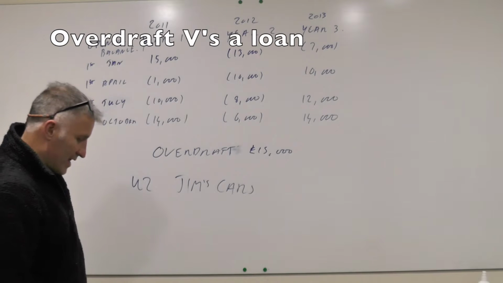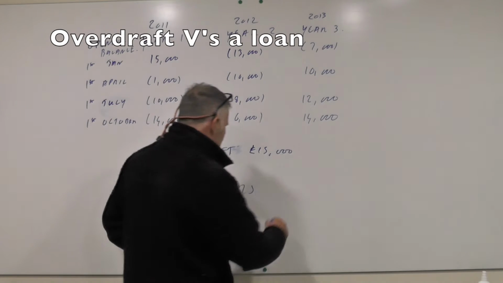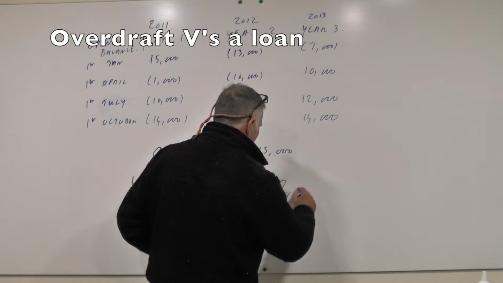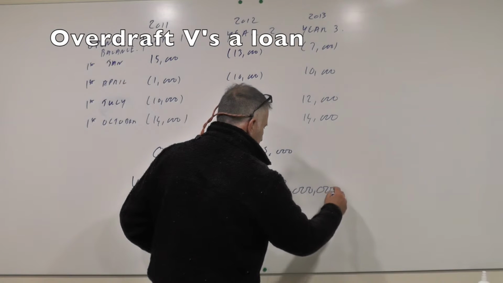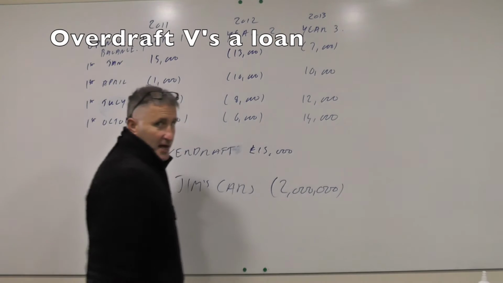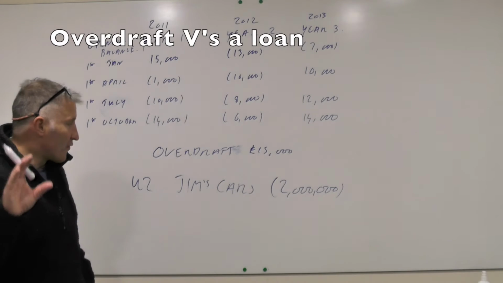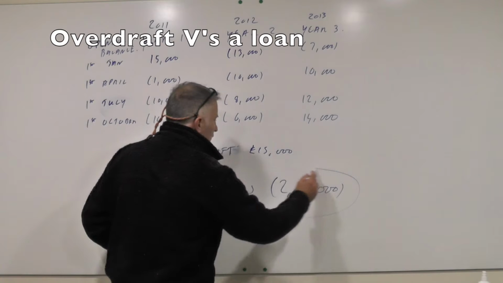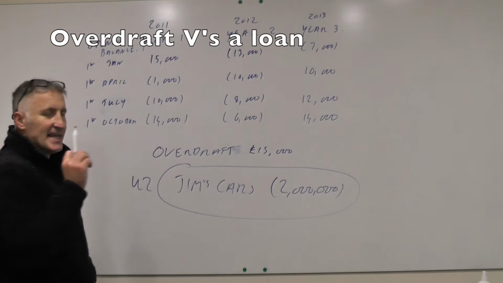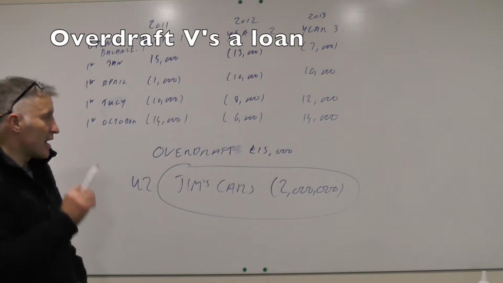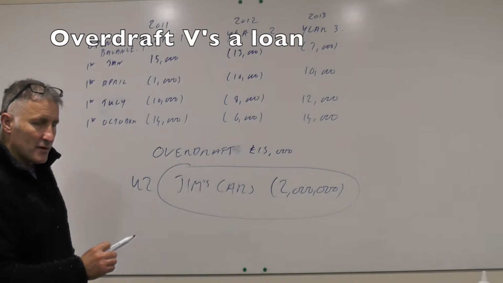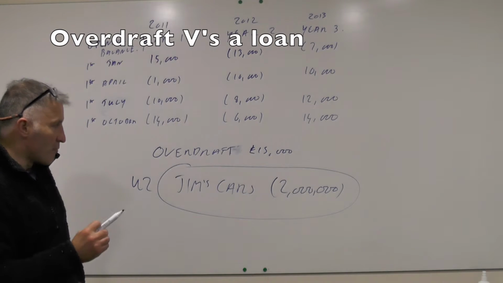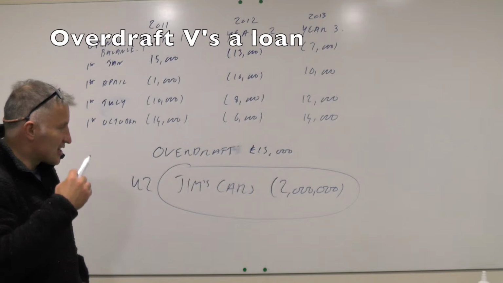I may well be totally incorrect, and he may have Jim's Cars and he may owe £2 million. That's all it will say. Now that is very important data, because you know straight away that that firm has a negative cash flow. And if you have negative cash flow, the firm will have to borrow money, or it'll have to sell shares.